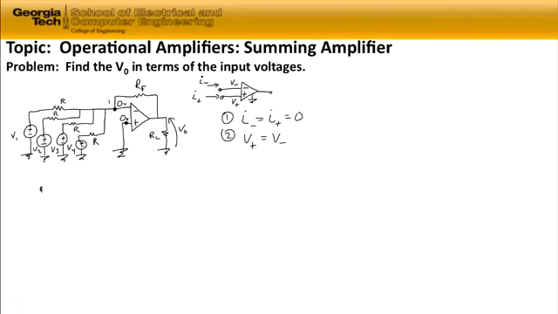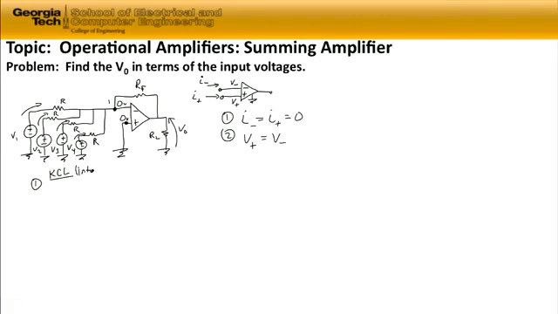We're going to take the sum of the currents at node 1 using Kirchhoff's current law to come up with an equation that relates the input voltages to the output voltage. We have our currents assigned for each one of the inputs, and we're going to sum the currents into node 1.